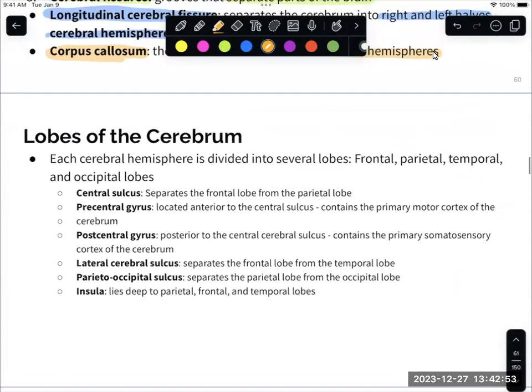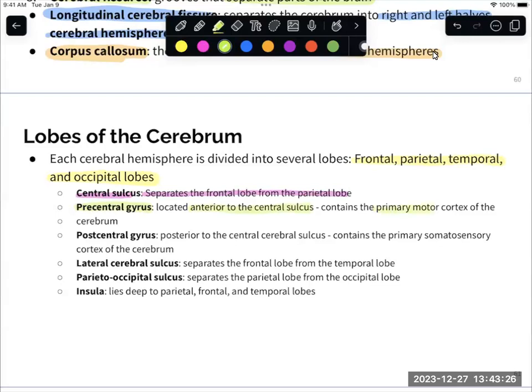So let's look at all of these different lobes. If you remember your different bones of the skull, this will be easy. Frontal bone, frontal lobe, parietal bone, parietal lobes, temporal bone, temporal lobes, occipital bone, occipital lobes. We have a central sulcus that is separating the frontal lobe from the parietal lobe. We have a precentral gyrus located just in front of that central sulcus.